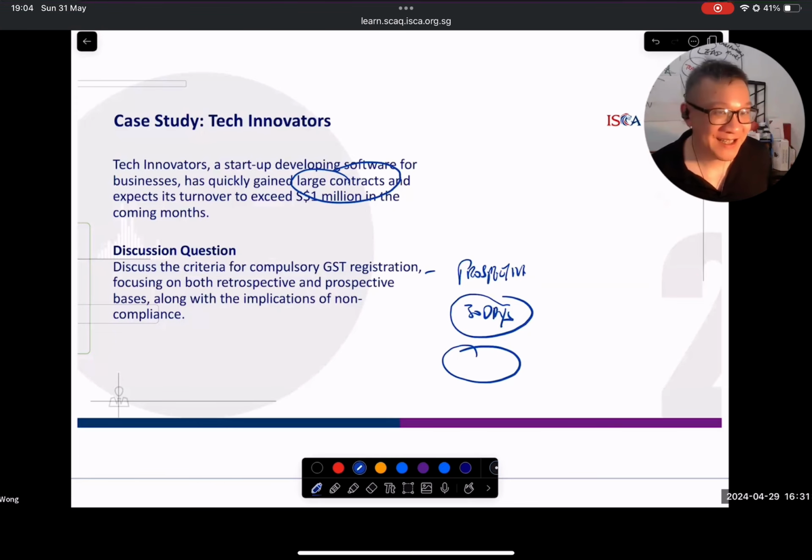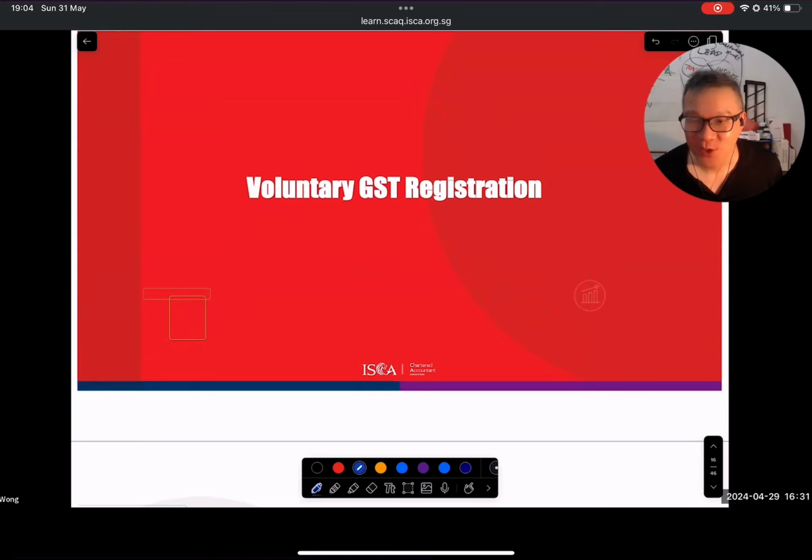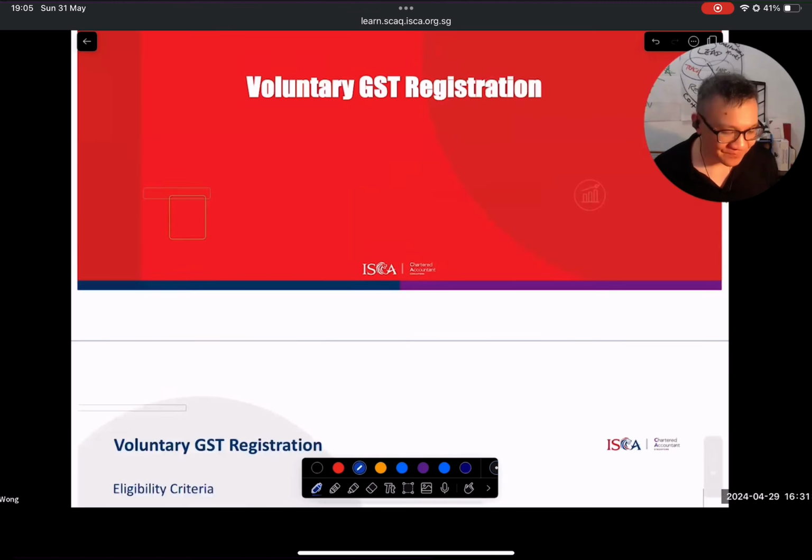Okay, so of course, failure to register or failure to account for output tax would result in penalties stipulated in the GST Act. I'll leave it to you to read the materials, but it's clearly a case of a prospective GST registration. Okay, it's a prospective basis under the compulsory GST registration regime. All right. So then after this, we move on to the voluntary GST registration. Okay, so voluntary.